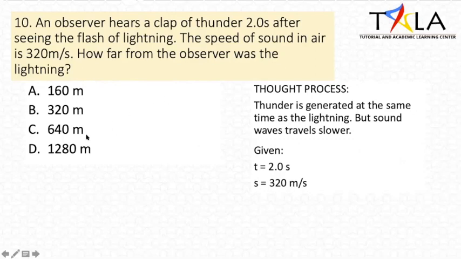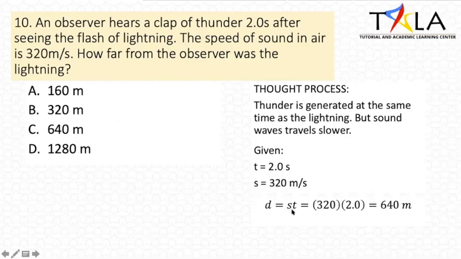Multiply po. Nice. So if we use this formula, distance is equal to speed of sound times the time you heard the thunder. So the answer here is 640 meters.